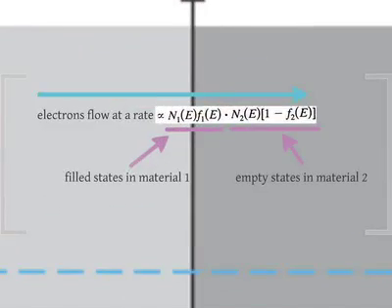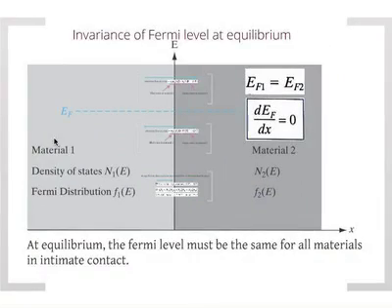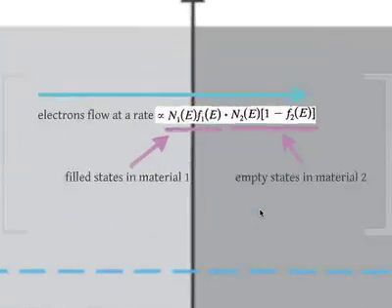So a couple of other things before I go into it. We will define that the density of states in this material is N1. Recall that's the number of states available at that energy level. And the Fermi distribution is F1. Same things, N2 and F2, for material 2. So the materials are in intimate contact, which means that the electrons and holes can move back and forth.